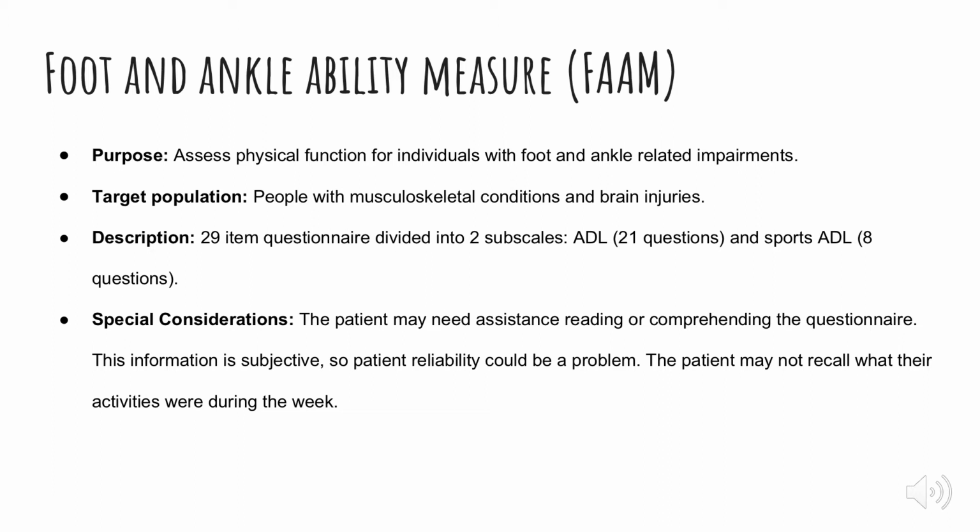So once we get these scores added up, we separate them into 2 scores, 1 for each subscale, add the score, and divide by the total possible points, and multiply by 100 to get the percentage. So a higher percentage represents a higher level of function.